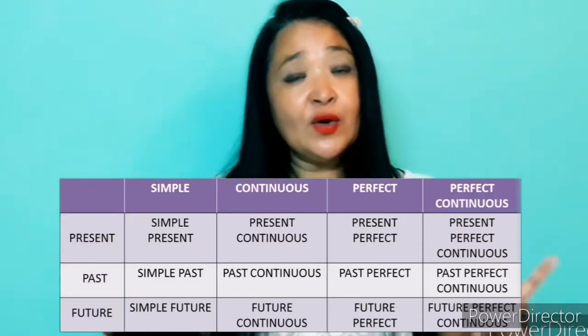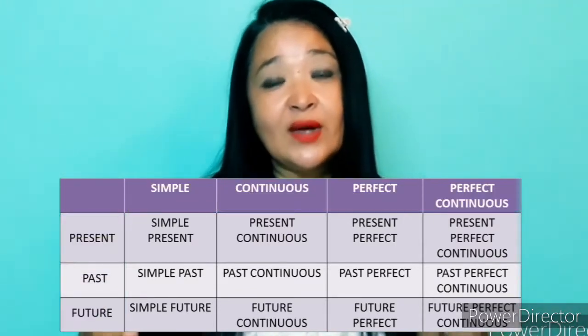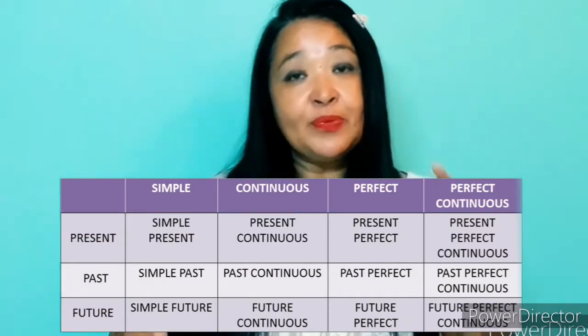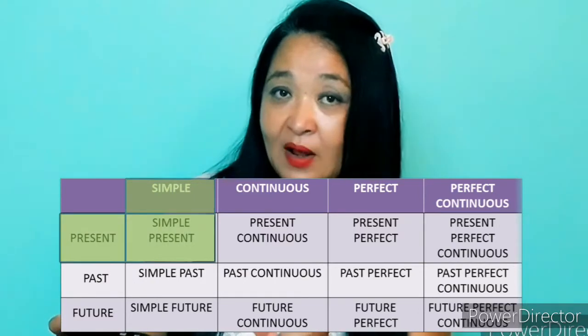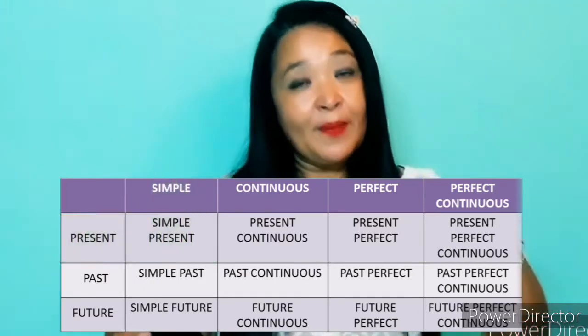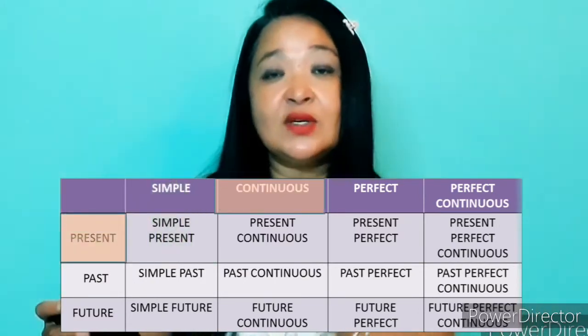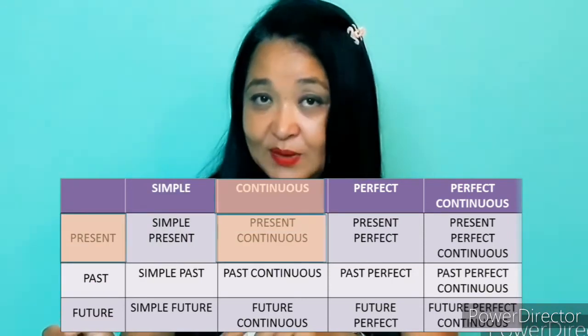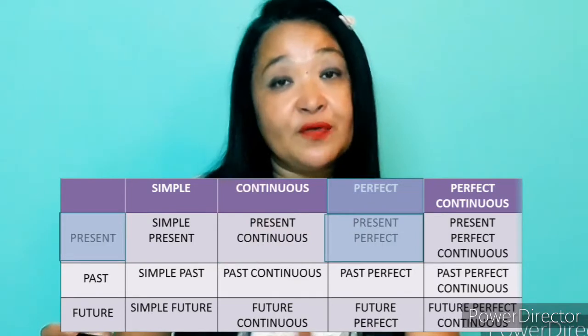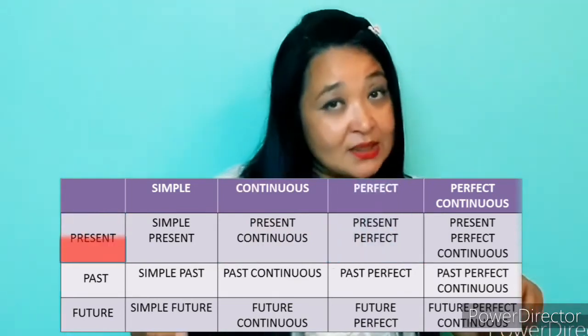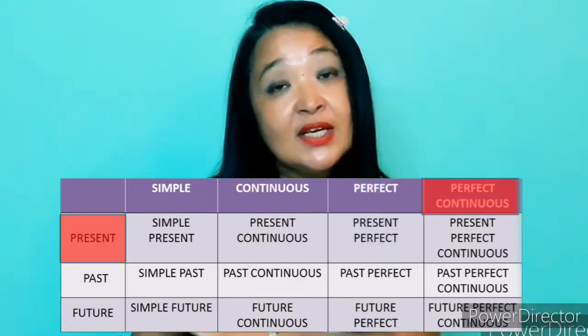Look at the present tense first. When you combine present with the simple, you form what? Present simple or simple present. When you combine present with the continuous, you get what? Present continuous. When you combine present with the perfect, you get present perfect tense. When you combine present with the perfect continuous, you get what?